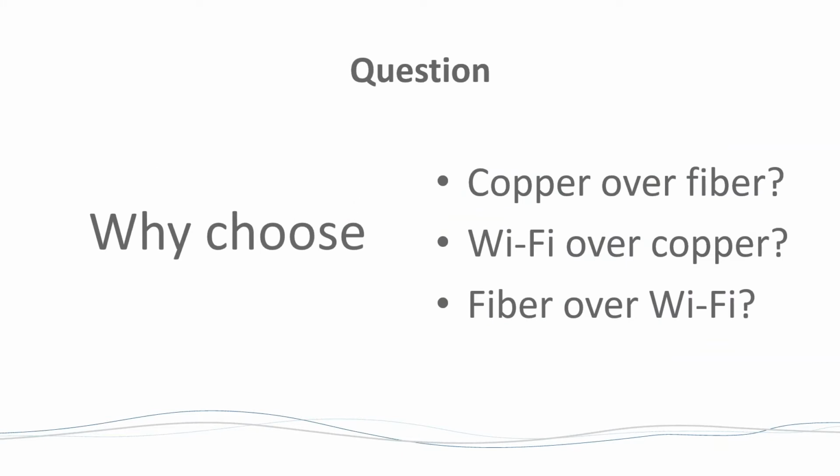Okay, so why would we choose copper over fiber, Wi-Fi over copper, fiber over Wi-Fi? Why do we choose the different things that we choose? Well, obviously there are some advantages and disadvantages of each one. Copper tends to be our commodity media, in the sense that it's cheap. You can buy devices that are really dense in copper ports. They're very common, they're inexpensive.